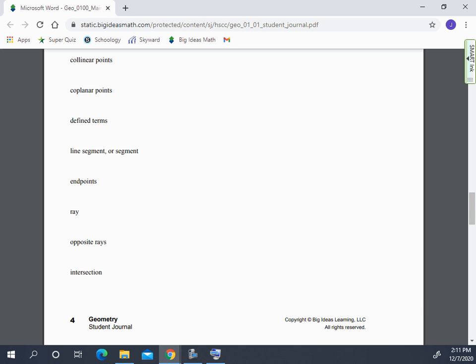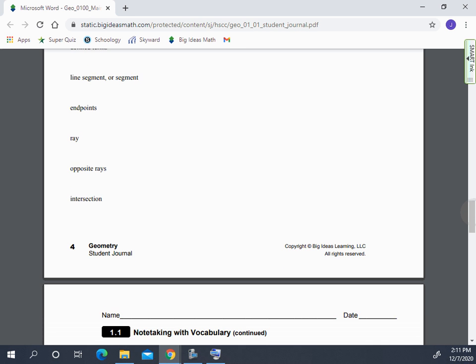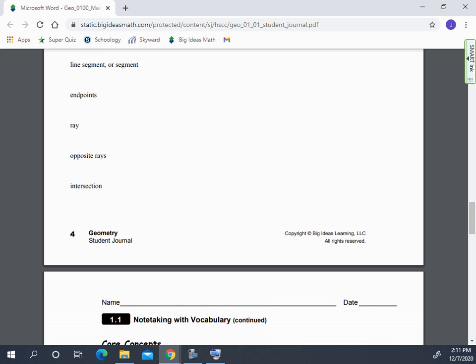Moving on to rays. Remember, a ray has one endpoint and it goes on in one direction. Let's say this endpoint is A and there's a point B. A name for this ray has to start at A and go towards B with an arrow.